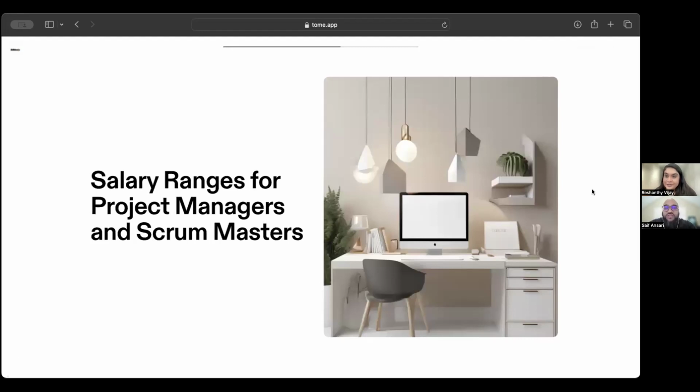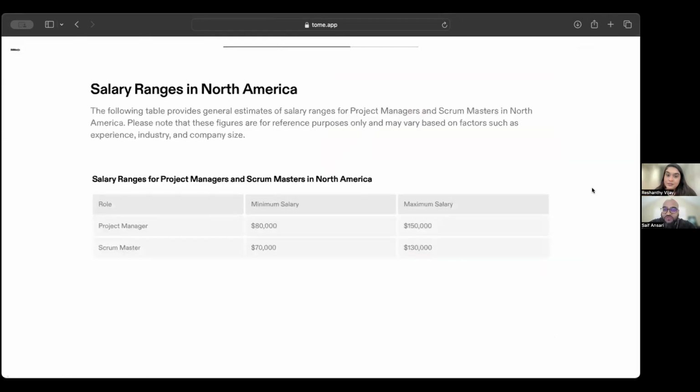So salary ranges now, this may vary from region to region, but we have pulled some data. It is specific. There are some surveys that were done, so we pulled that. Rashanti, if you could go to the next screen there. Okay, so in North America, you're looking at a starting salary, this is in Canadian, of about 70 to 80.